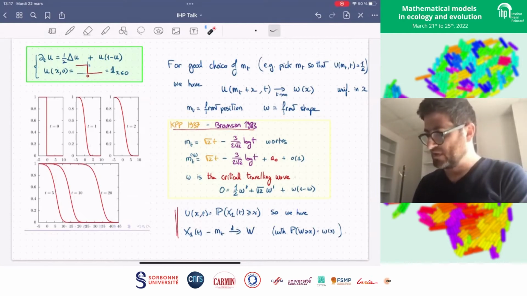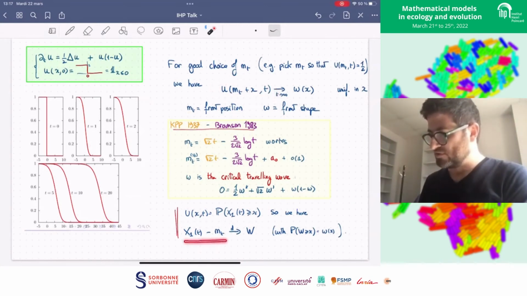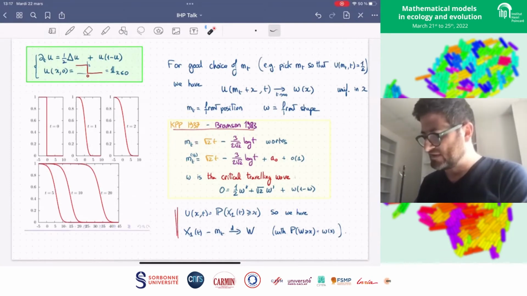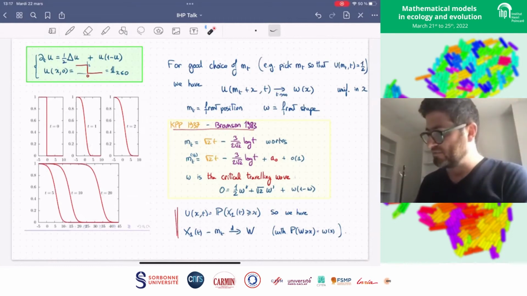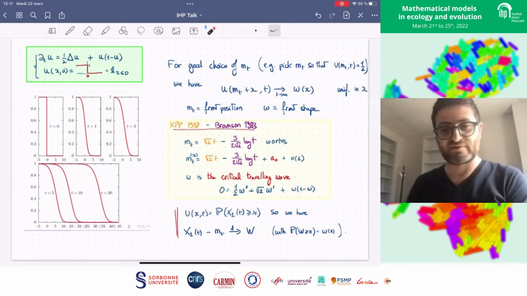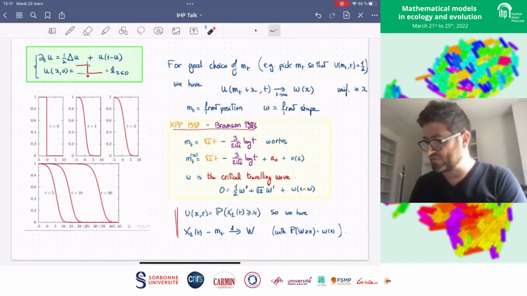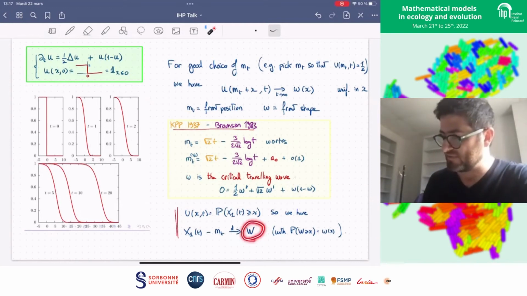And because now we know that if you center by m_t, u of m_t plus x and t converges to w of x, that means that if you look at the variable x1(t) minus m_t, so the maximal displacement, and you subtract this m_t function here, then this will converge in distribution to a random variable, which I can call capital W. And 1 minus the CDF of capital W is given by omega, the traveling wave. So omega, the traveling wave, is related to the CDF of this limit distribution here.